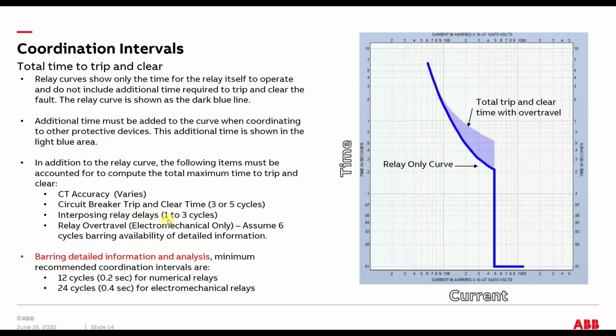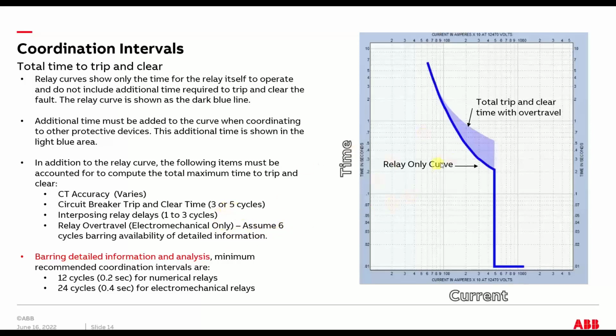Interposing relay, you may have some relaying that adds a couple cycles between the relay and the breaker. That could be 1 to 3. And then for electromechanical, there was an over travel where the disc would actually spin and then have some inertia and would kind of overspin. So that was assumed as 6 cycles for that.